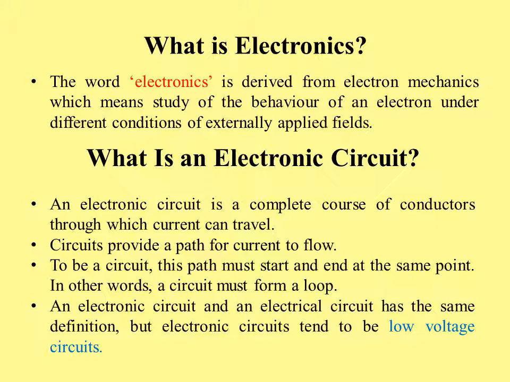That is, the circuit must form a loop, otherwise current will not flow. An electronic circuit and an electrical circuit have the same definition, but electronic circuits tend to be low voltage circuits. This is the basic difference between an electronic circuit and an electrical circuit.